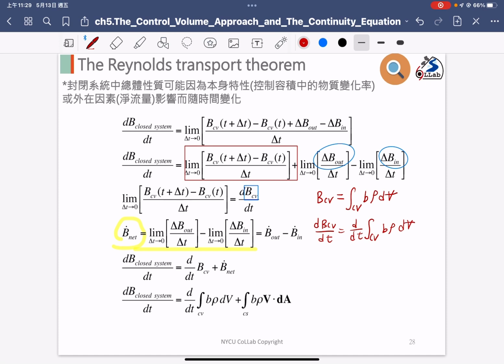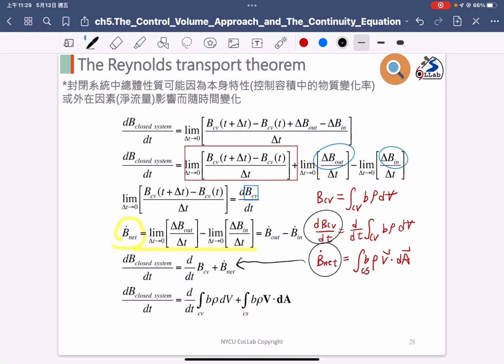And then what is the B rate net? We know that it is equal to the integration along the control surface of the B low, V vector dot with the cross-section area vector. So we can put all of the parameters shown here back into our equation.